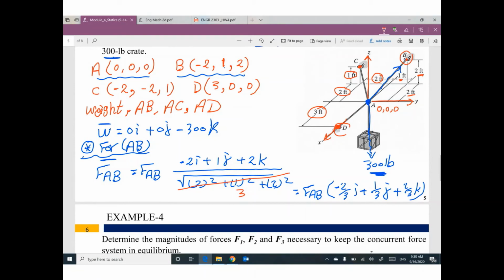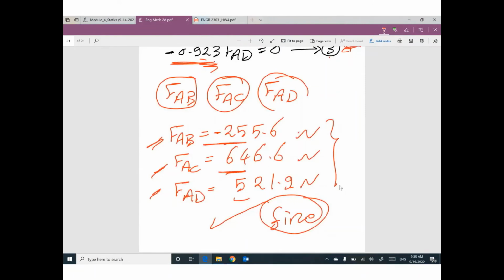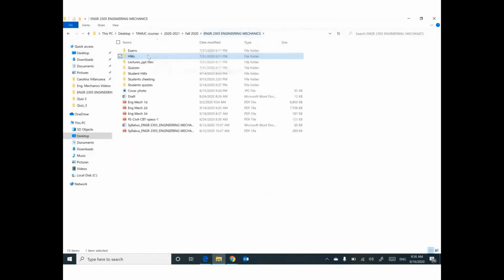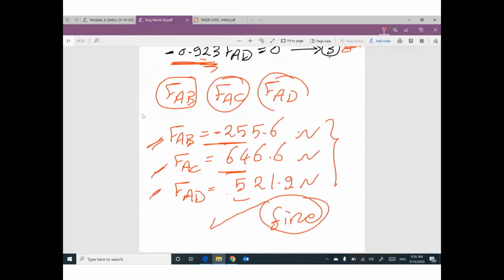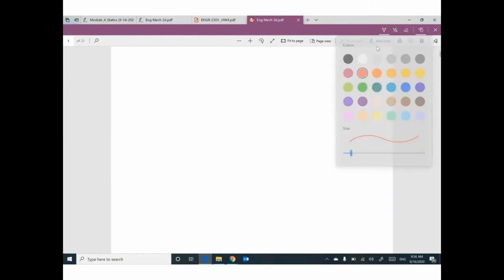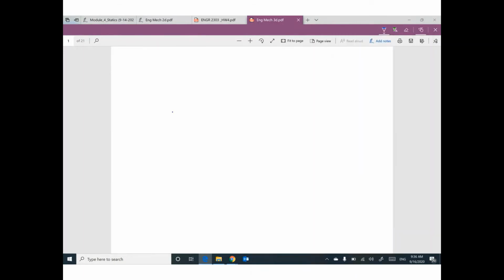Next one, I'm going to talk about AC. For AC, FAC as a vector equals FAC as a value times the unit vector, and I said AC. So point C minus point A. What do you have here?